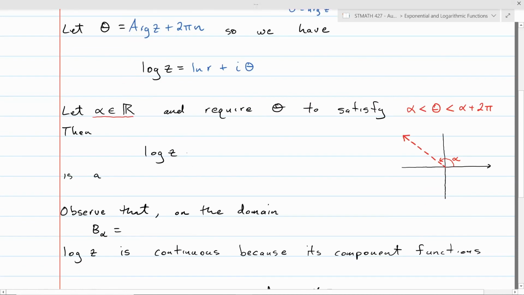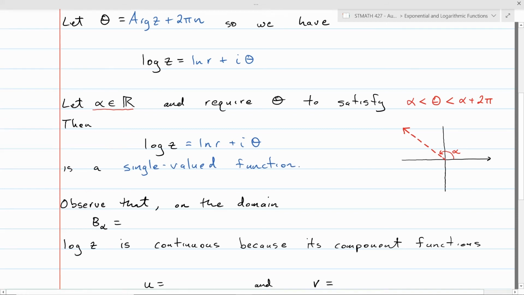When we do this restriction, log z equals natural log of r plus i times theta. So now we've got theta trapped between alpha and alpha plus 2 pi. Then we know that the logarithm only gives a single value, so log z is a single valued function at this point.